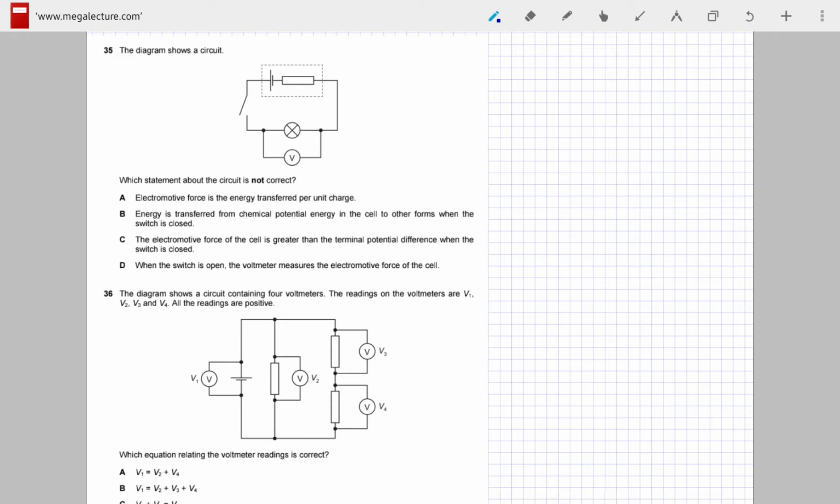And C. The electromotive force of the cell is greater than the terminal potential difference when the switch is closed. So we know that's true as well. D. When the switch is open, the voltmeter measures the electromotive force of the cell. Well, that's incorrect, right? Because when the switch is open, there is no measurement taken as the circuit is incomplete. So the correct answer to this is option D.